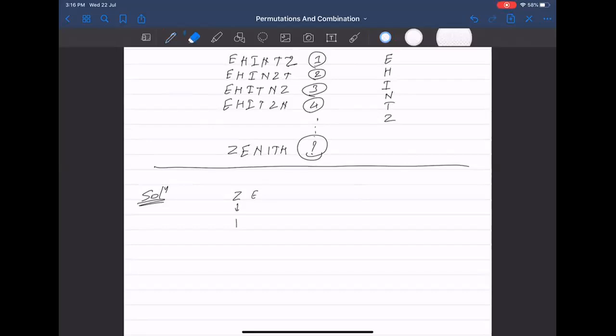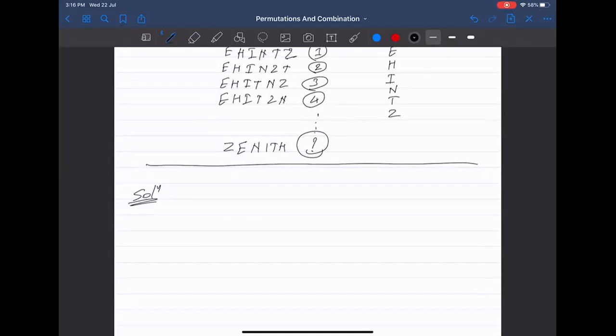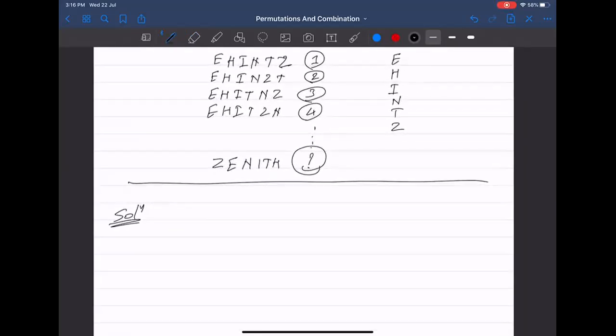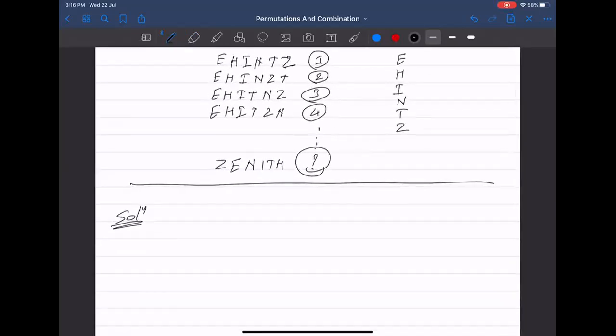So थोड़ा देखते हैं कैसे करते हैं बेटा. What you are saying is उसको थोड़ा modify करेंगे हम लोग.